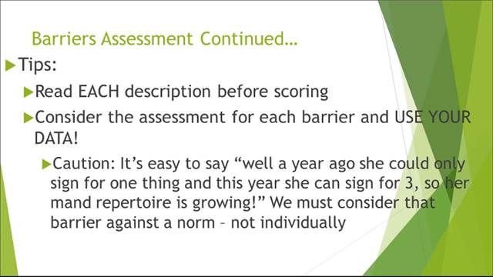So it's definitely important to read each description of each number. I also want to remind you to consider the assessment for each barrier and use your data. It's very easy to say, in terms of stereotypical behavior, for example, which is one of the barriers, well, a year ago she was only flapping in the corner, and now she only flaps under the table, so that's fantastic.